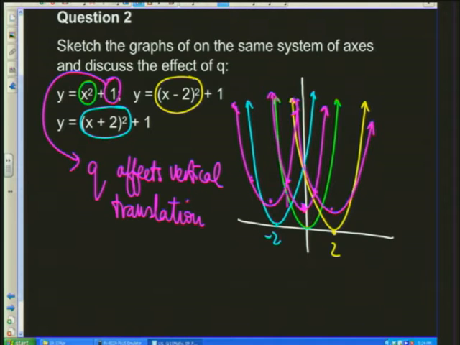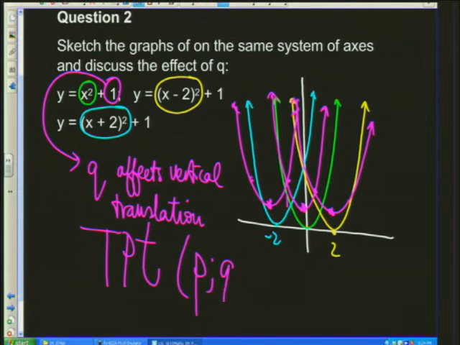In fact, these y-intercepts will also go up by 1 value. And you can see that the turning point, this is very important, is made up of p's value, and the y value is the q value.